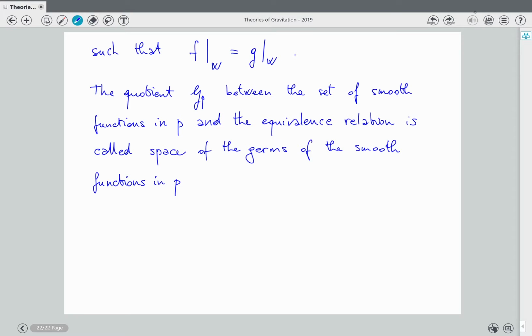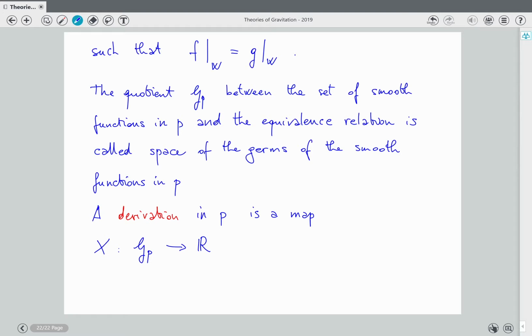A derivation in P is a map X from the space of germs of functions, so smooth functions in P, to the real line.